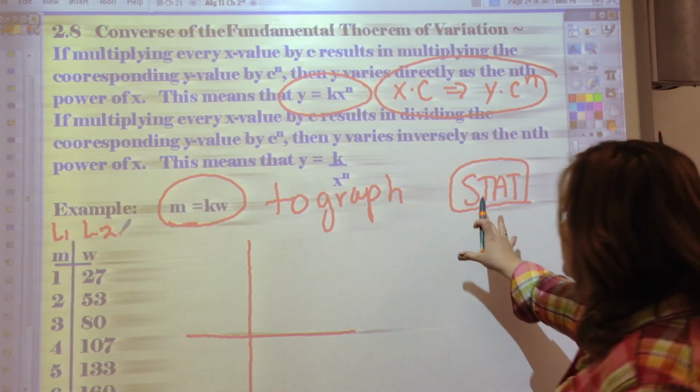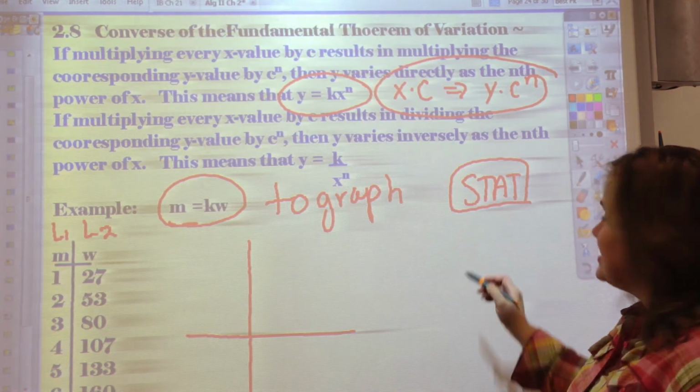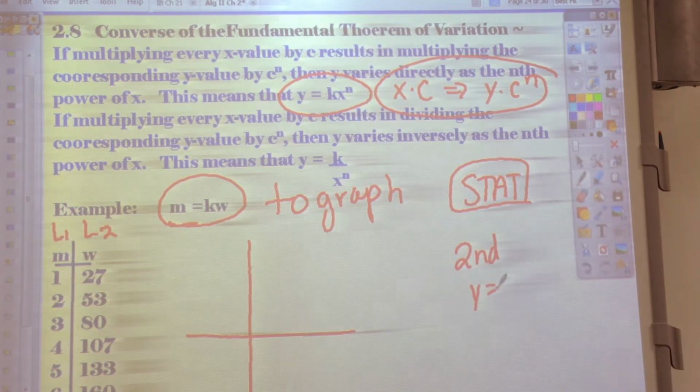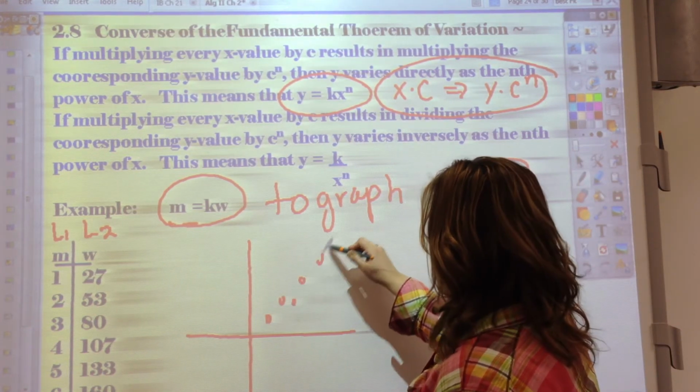And now you should have all your points plugged in and your window set. Hit second y equals to bring up your scatter plot. You'll hit enter, enter to turn it on, and then hit graph. And hopefully you see something like this.